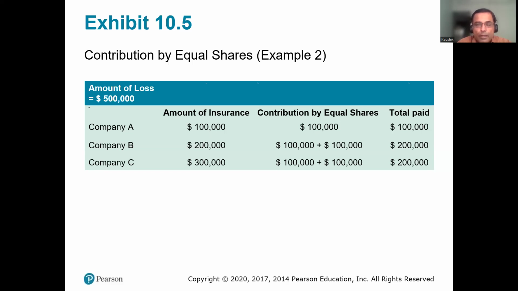Then the remaining amount is assigned equally to the insurers which have their limits left. So companies A, B, and C are first assigned 100,000 each. Then company A's limit is exhausted, but 200,000 still remain. So that 200,000 is equally assigned to companies B and C because their limits are not yet exhausted. Eventually, company A pays 100,000, and companies B and C pay 200,000 each. This is contribution by equal shares.